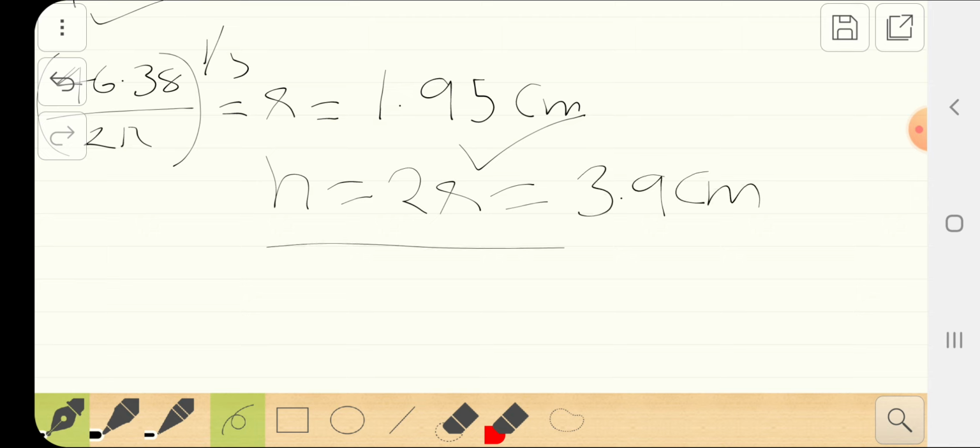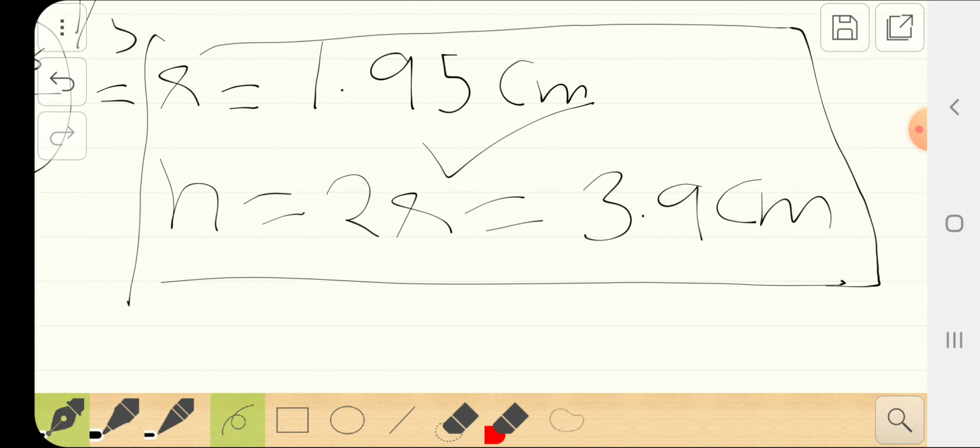So we have found out the radius and the height of the 1 kilogram cylinder at SI they use for comparing the standard mass. We did that out of nothing.